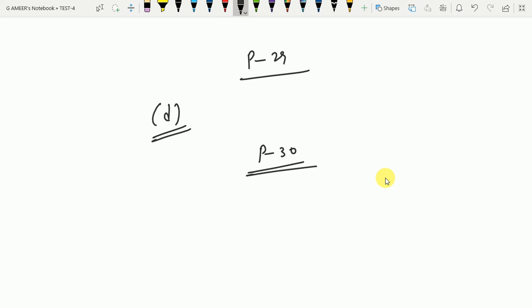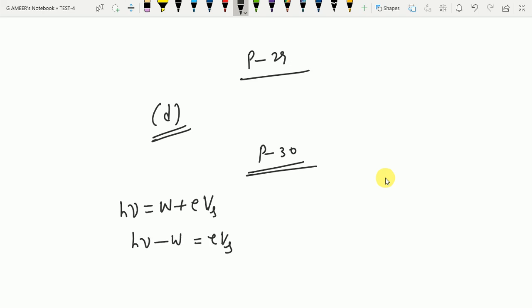In an experiment, he has drawn the stopping potential versus frequency of light. According to Einstein, h nu, the incident energy, is the work function plus the stopping potential energy eVs. So I can draw like this, W is equal to eVs.